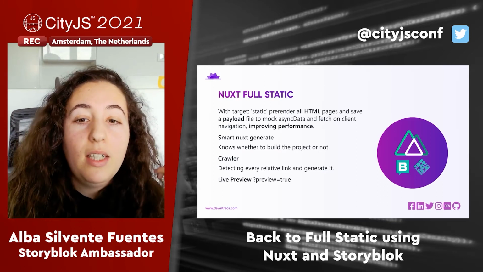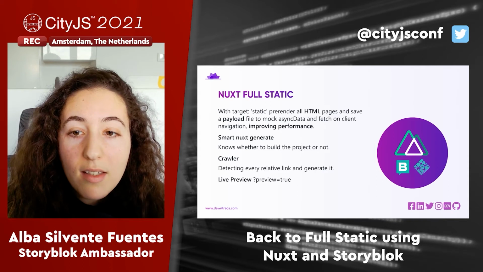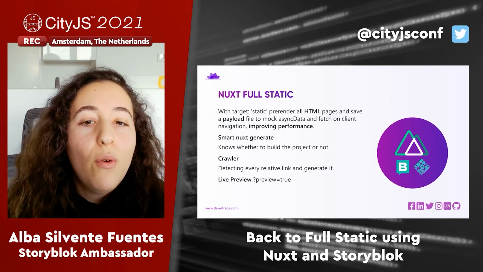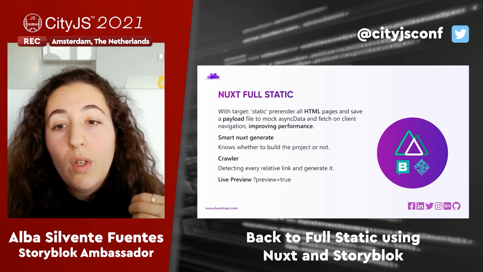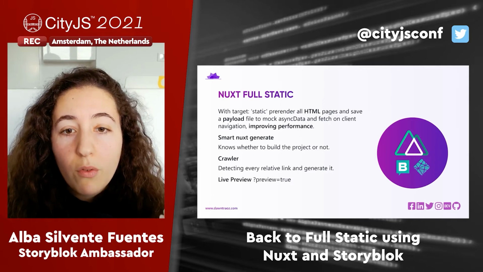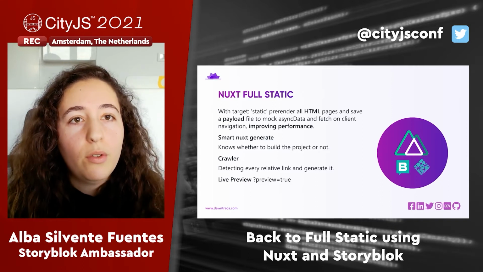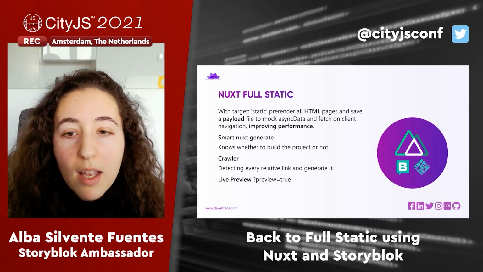Then they also added the crawler. A crawler, as the name suggests, is useful if you have a dynamic page, where you can have many more paths than you have defined in the actual code. For example, a slug page that you have for your articles.